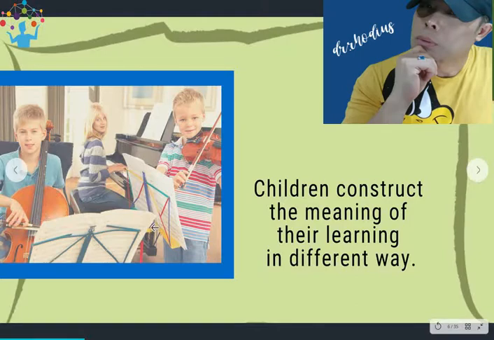In a similar manner, when we're talking about learning of children in the classroom, for example, you're teaching language, math, science, or Islamic studies, we have to remember that children will be building their own construct in their mind based on their specific interests and experiences, and that would account for their diversity in responding to the subject that you're going to teach.